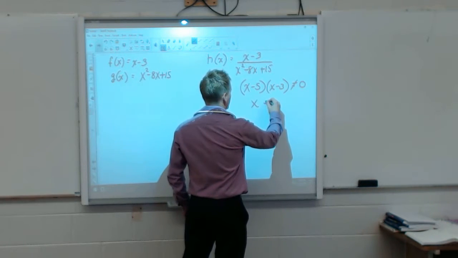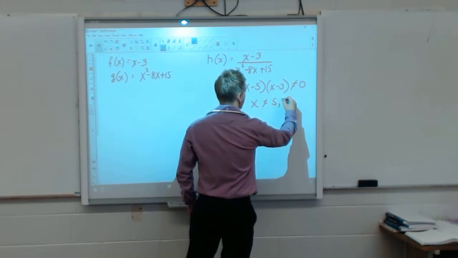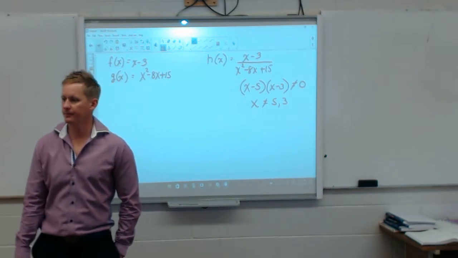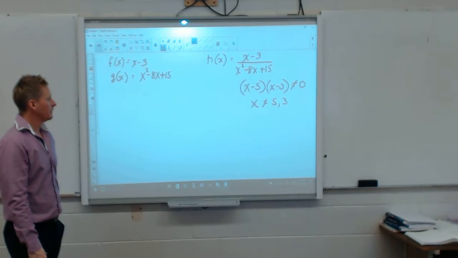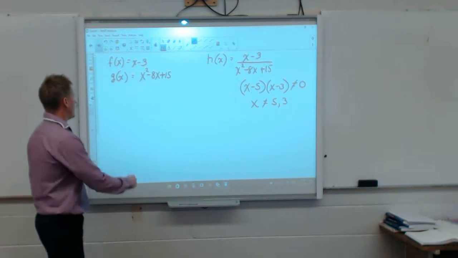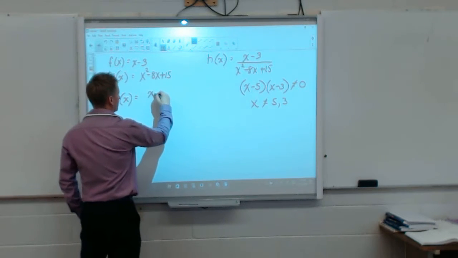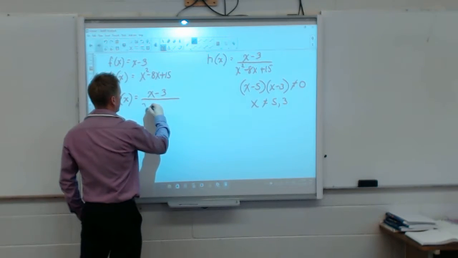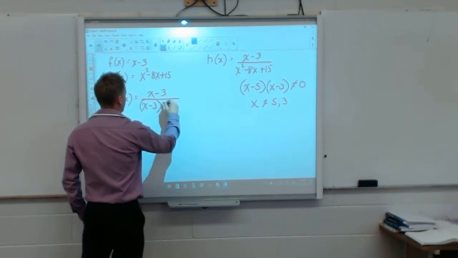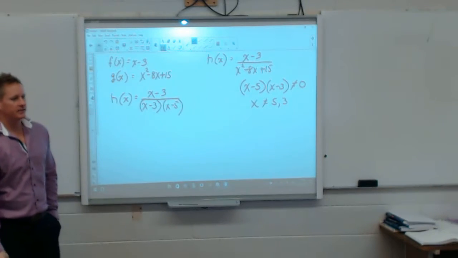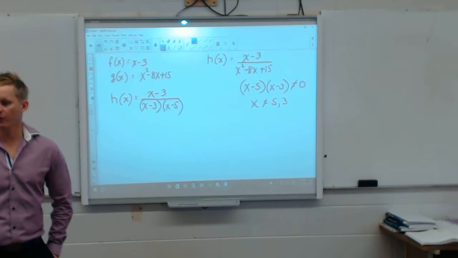Therefore, x cannot equal 5 or 3 by factoring the bottom. Okay, going back to the test we just wrote. What does that tell us about the type of graph we're going to see next?